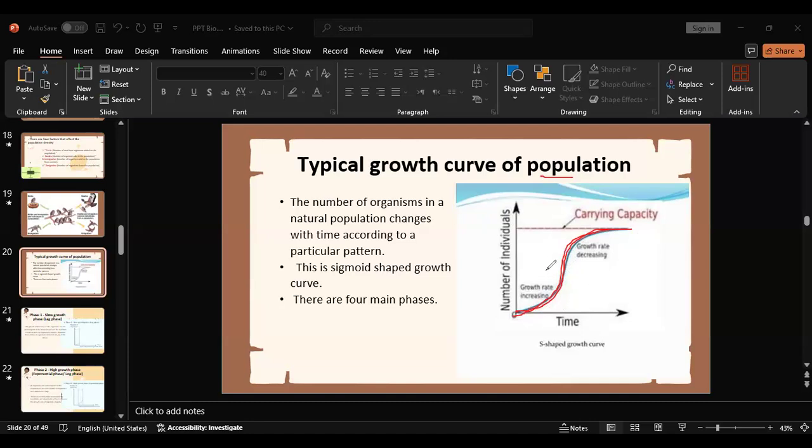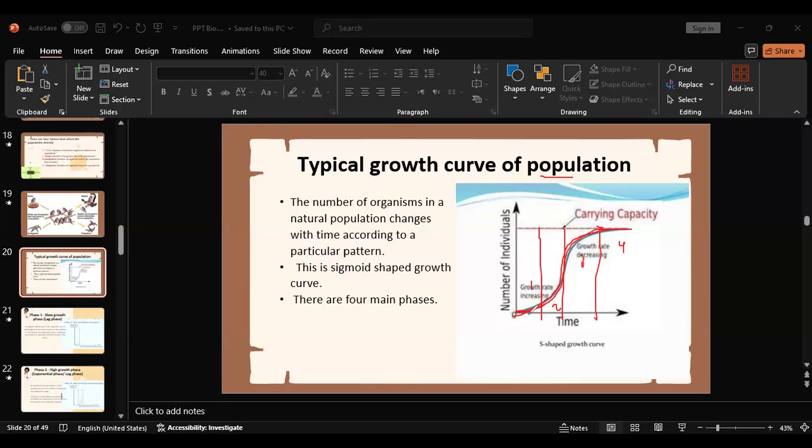Environment. Okay. Here in this one, there are four, right? Here we can divide this into four, the four phases, right? Here 1, 2, 3, and 4. There are four phases, right?